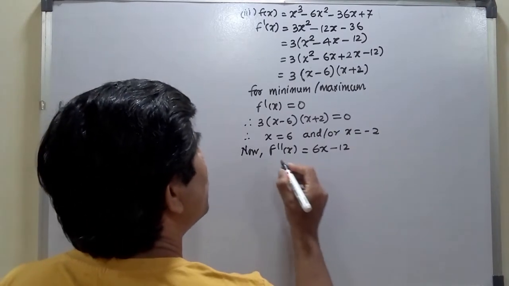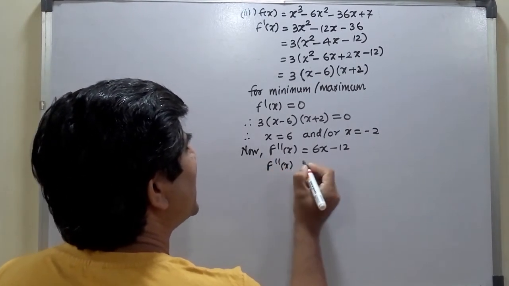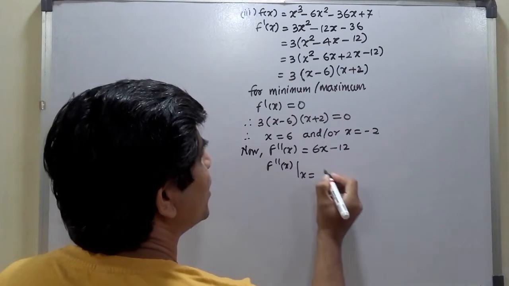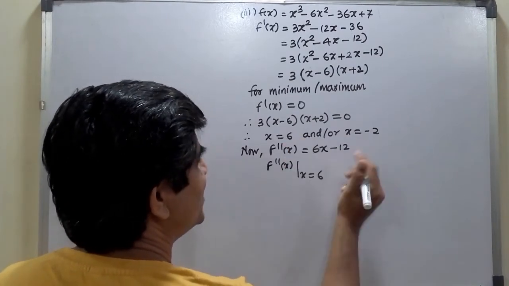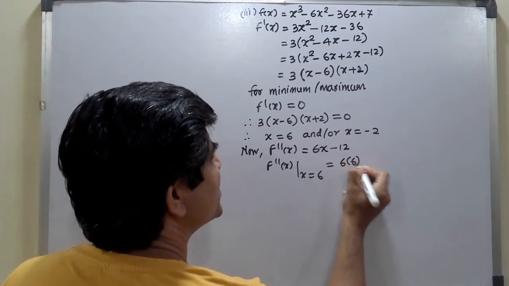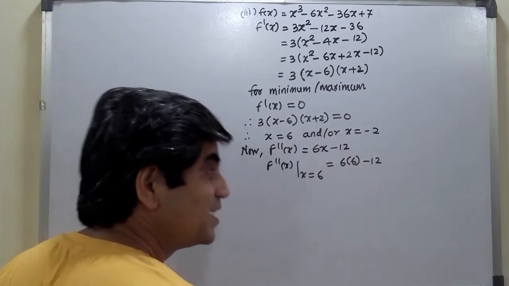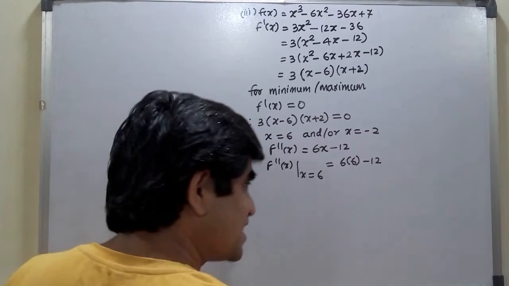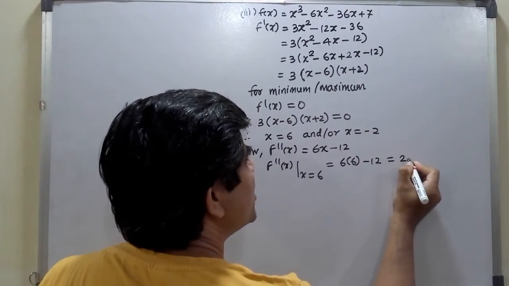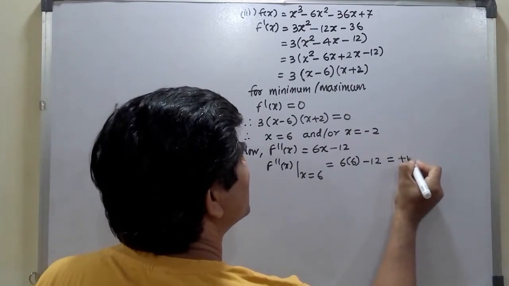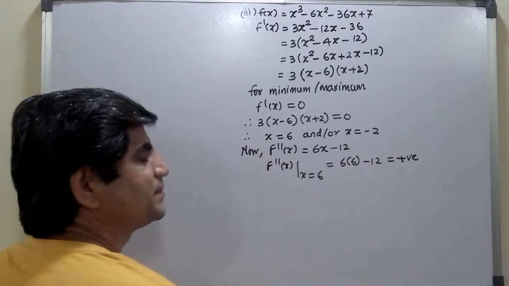So here, what is this? f double dash x at x is equal to 6, right? This point is 6 into 6 minus 12. That is 6 times 6 is 36. 36 minus 12 is how much? 24. Positive.